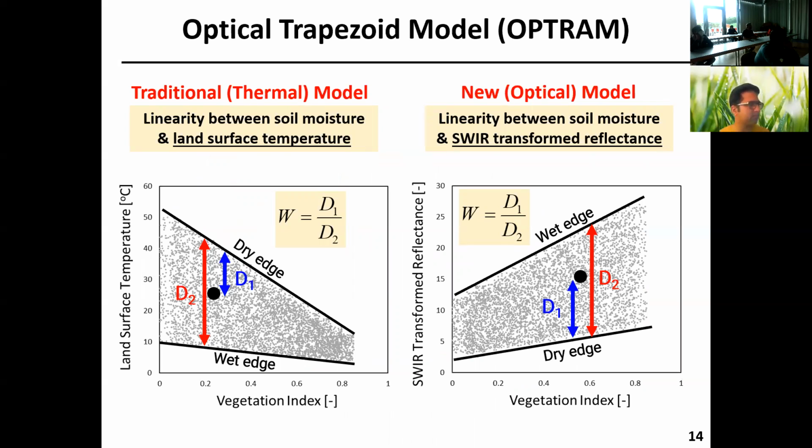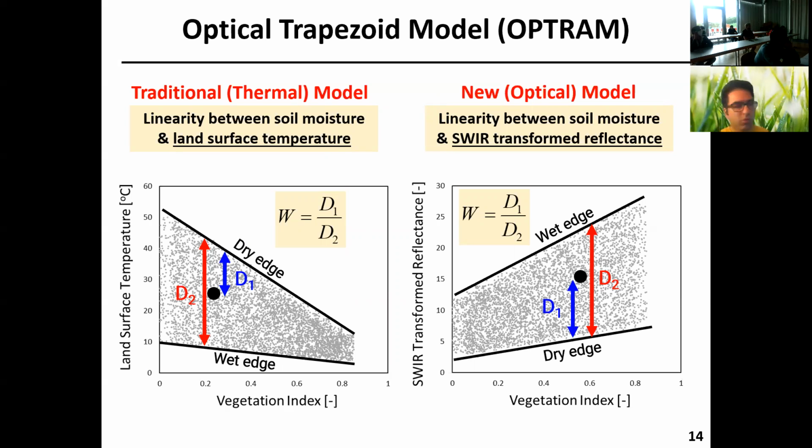Because I could imagine that this relationship of vegetation index and temperature is highly dependent on the vegetation type present. Yeah, you are right.